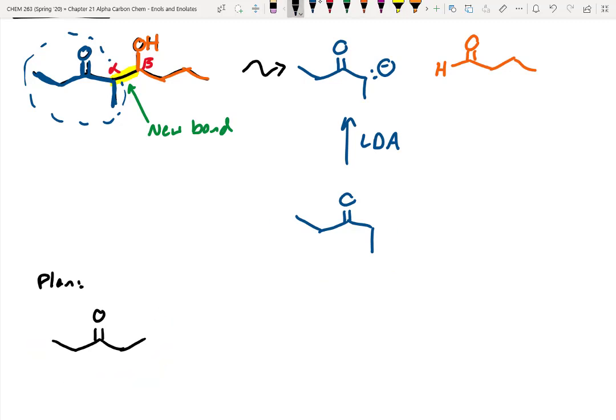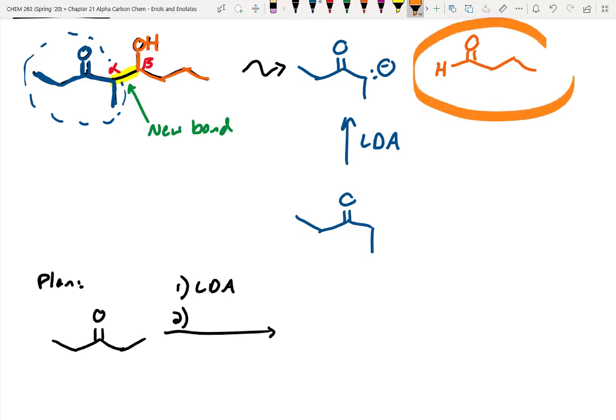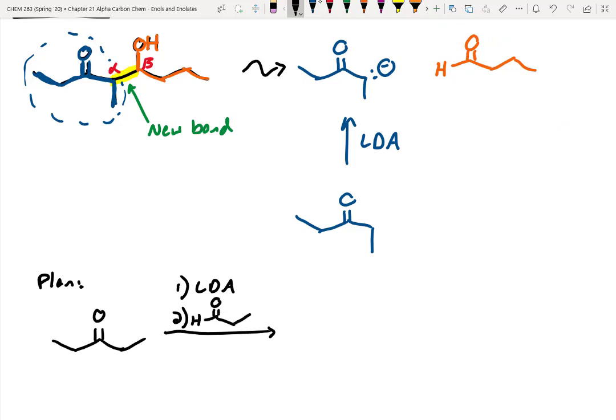My first plan of attack is to react this with LDA, so I'm going to put that as step 1. And then step 2 is to add in my second aldehyde. What I mean by that is this aldehyde up here is going to be added into that enolate. So I'm going to list that aldehyde next in my list.